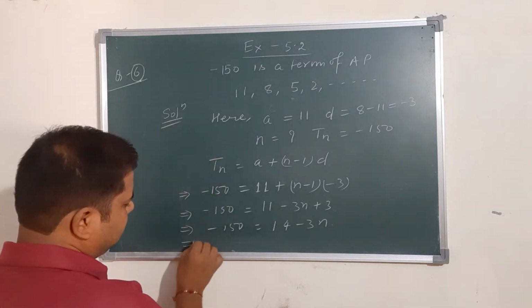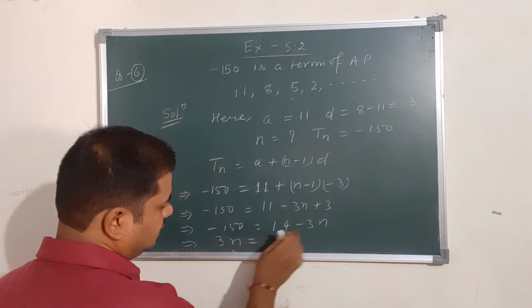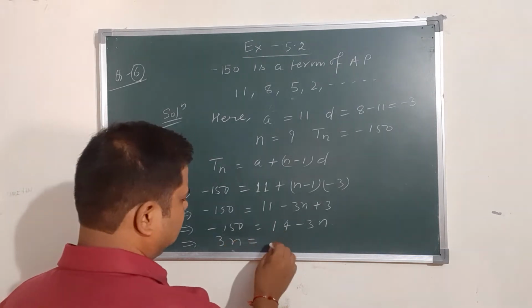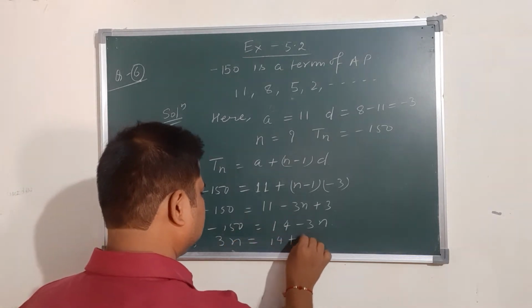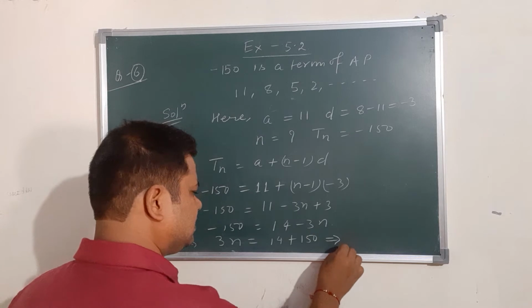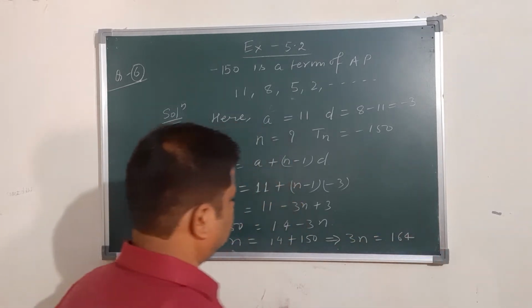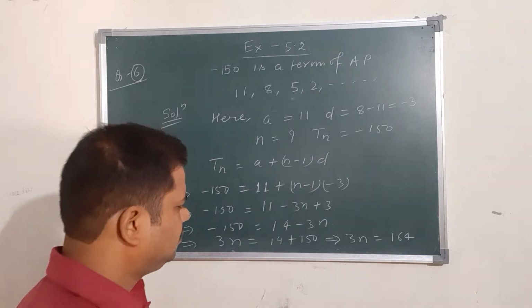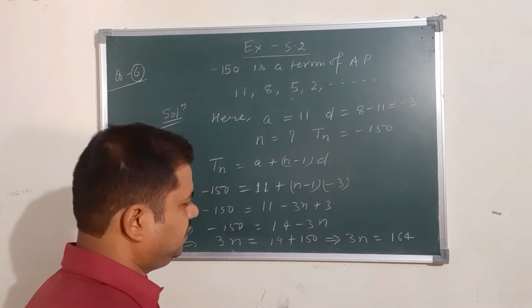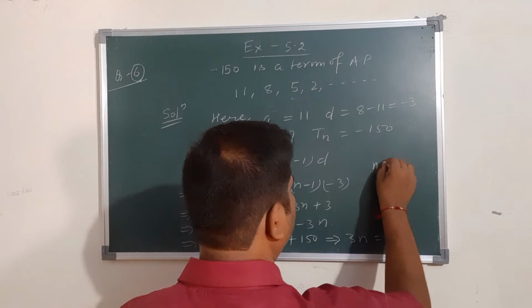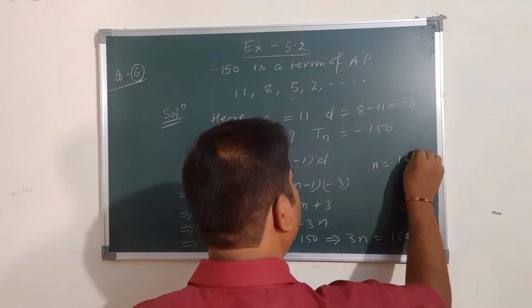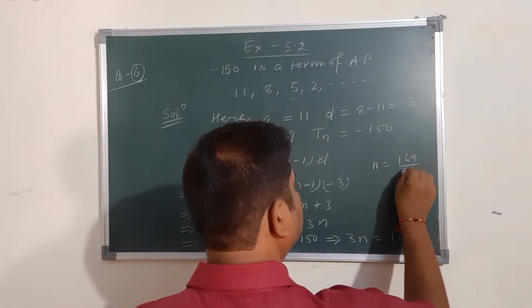So 3n is equal to, transferring to that side, 14 plus 150, which implies 3n is equal to 164. So n is equal to 164 divided by 3.